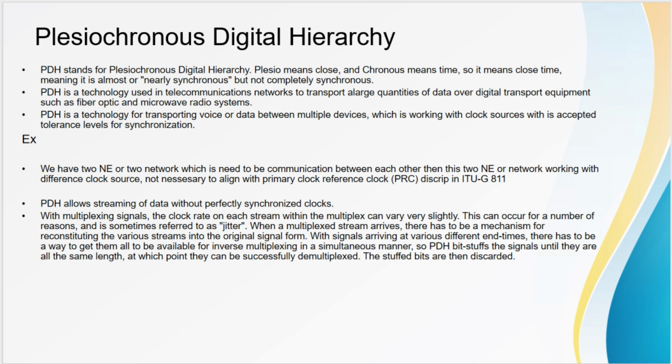PDH clocks are running very close, but not exactly in time with one another, so when multiplexing, signal arrival time may differ, as transmission rate is directly linked to the clock rate. So PDH allows each stream of the multiplexed signal to be bit stuffed to compensate for the timing difference, so that the original data stream can be recognized exactly as it was sent.